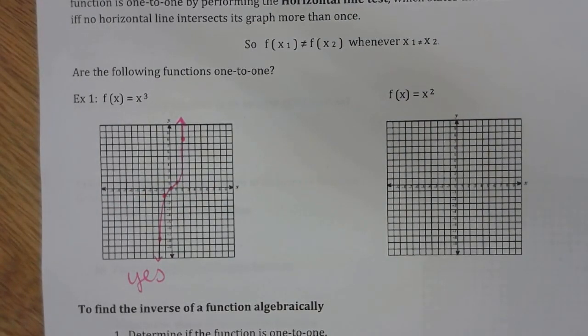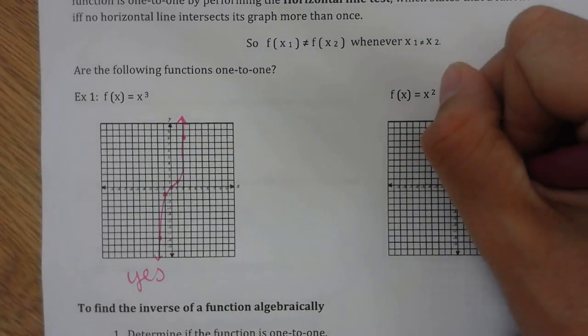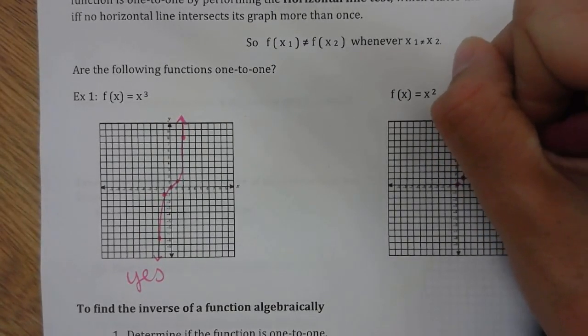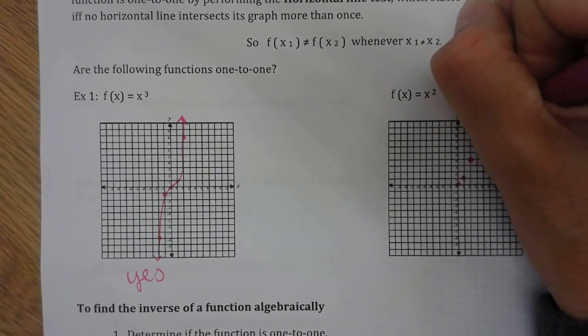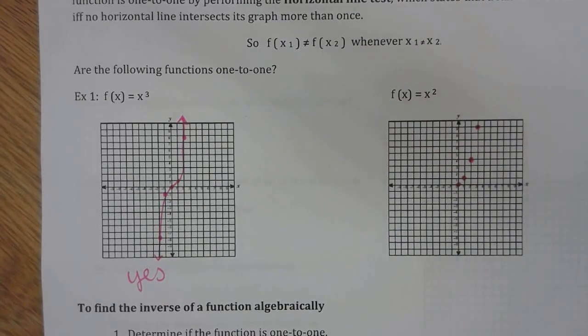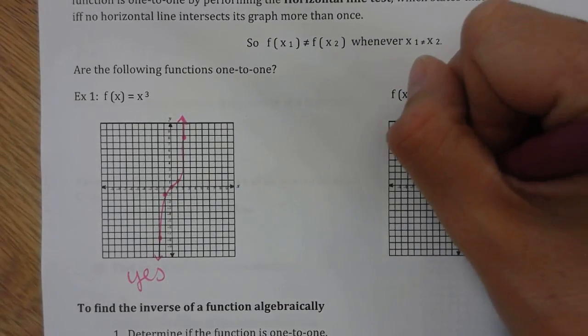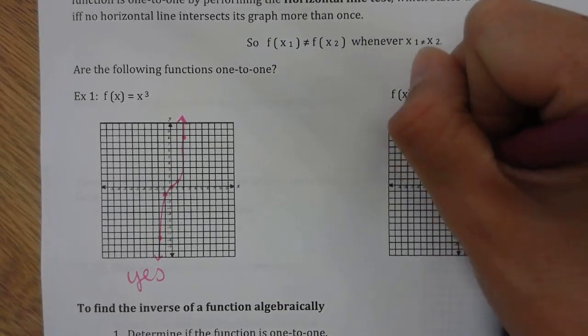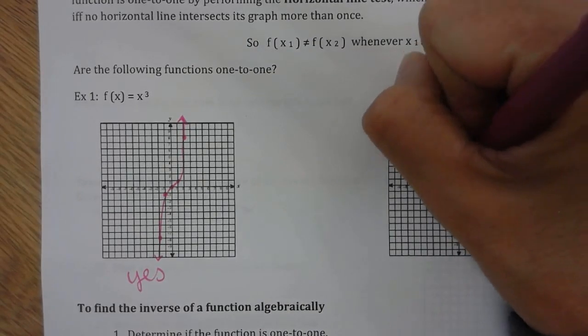X squared, conversely, goes through (0, 0), (1, 1), (2, 4), (3, 9), but it's symmetric, so it also goes through (-1, 1), (-2, 4), and (-3, 9).